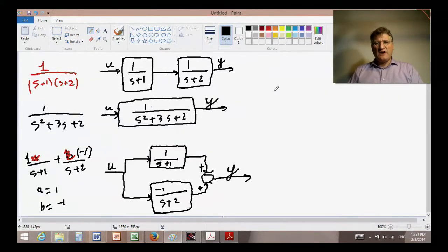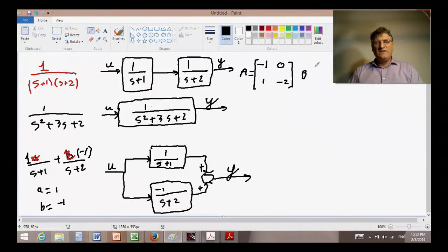Now, this leads us to the state space representation. A equals minus 1, 0, 1, minus 2.